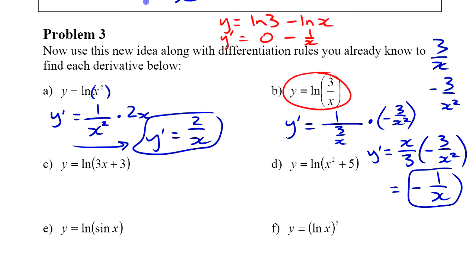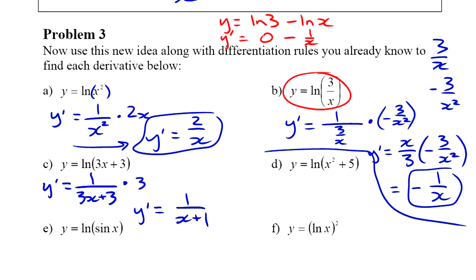All right, let's look at this one over here. We're going to find the derivative of that. Y prime equals 1 over 3x plus 3 times the derivative of that inside function. The derivative of the inside function is 3. If you simplify all of that, dividing everything by 3, you get y prime is 1 over x plus 1.